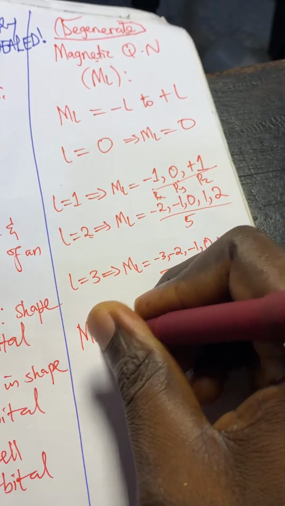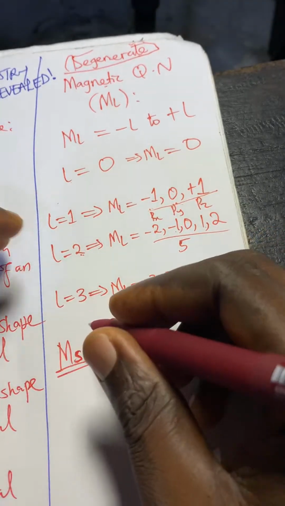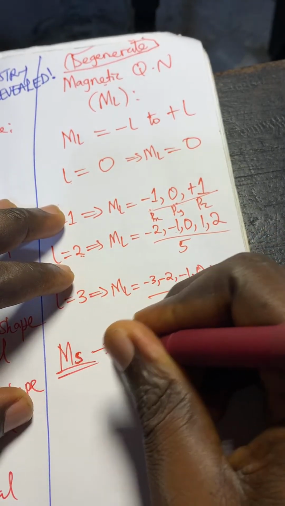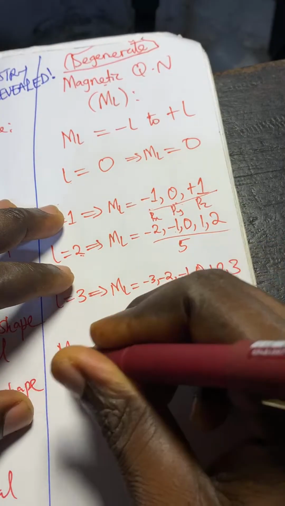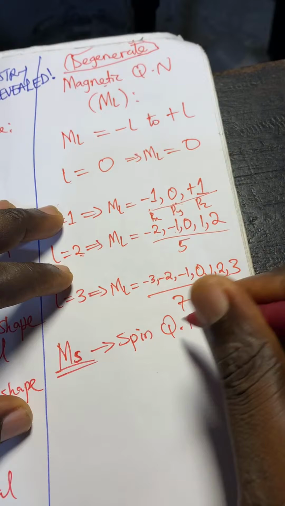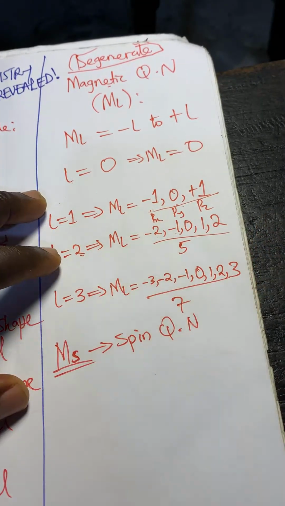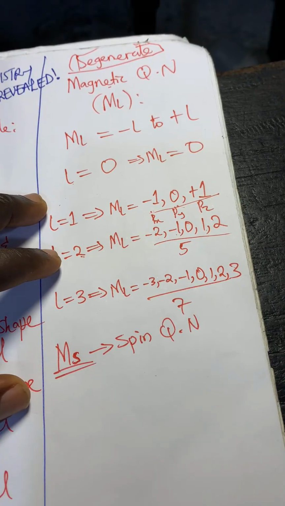Remember, it is this spin quantum number that explains the apparent violation of Pauli's exclusion principle. The symbol is ms, the spin quantum number. What does this spin say? It says electrons must not be oriented in the same direction.